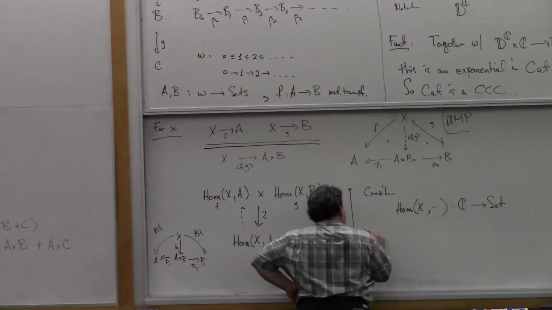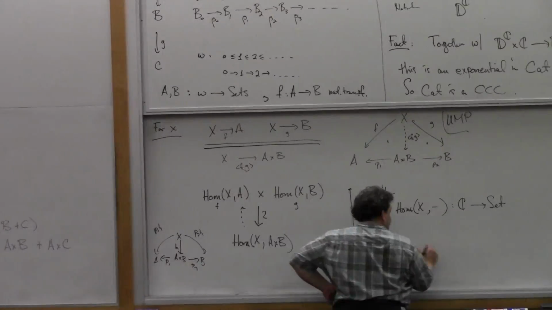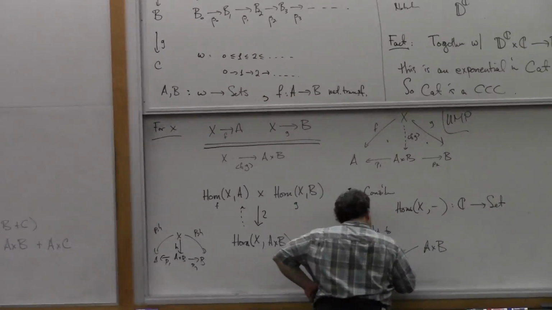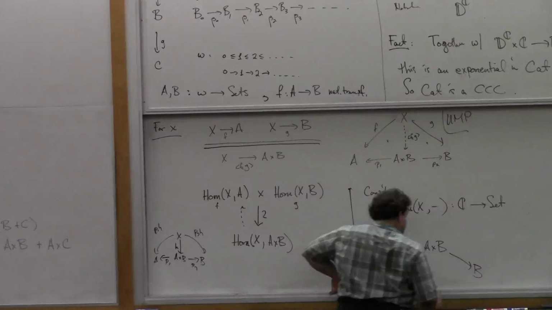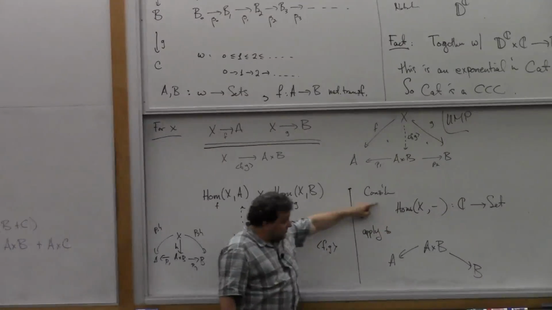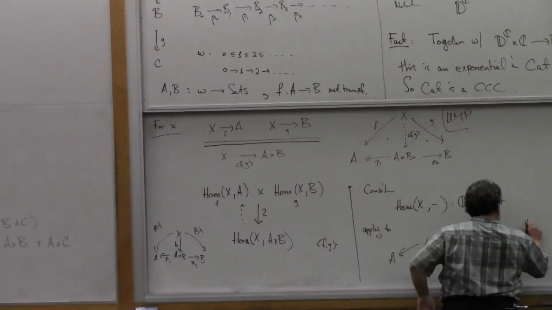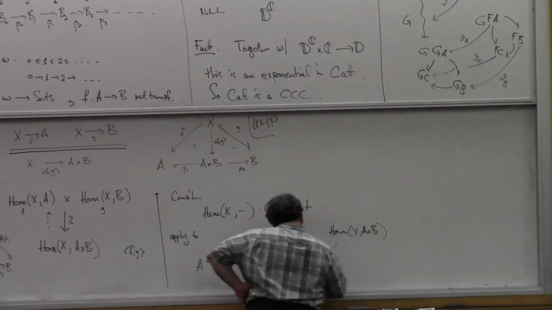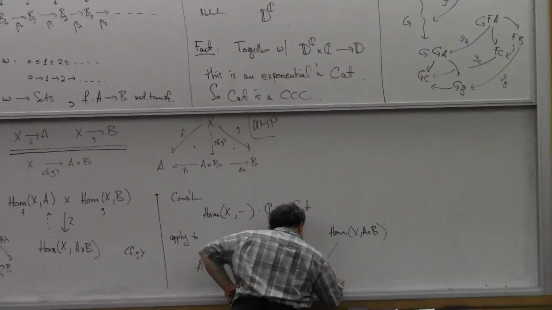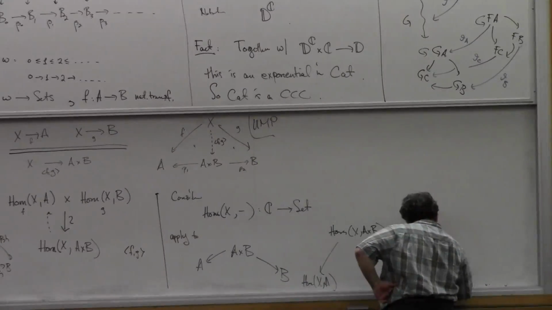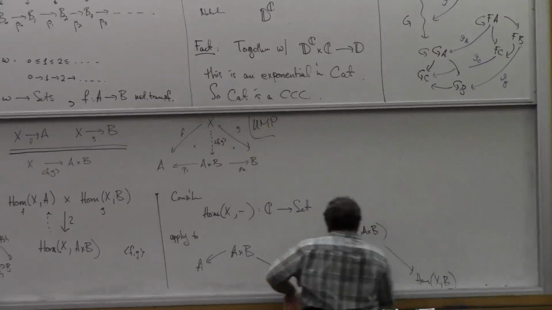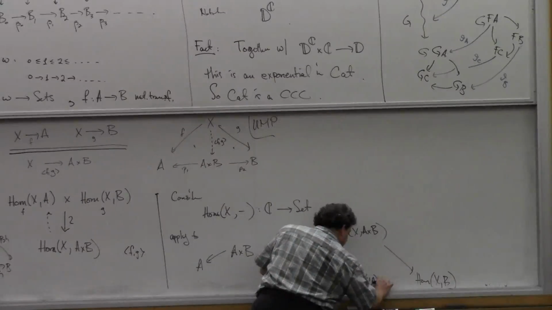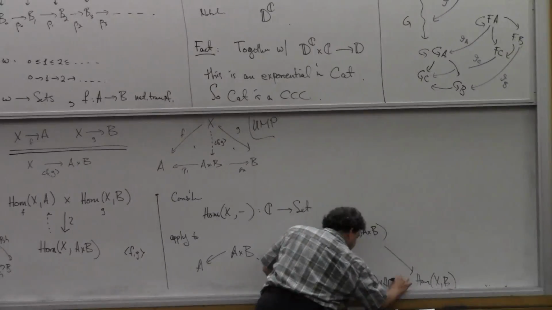Apply this functor to the diagram A × B, A, B. Then you get Hom(X, A × B), Hom(X, A), Hom(X, B). Well, but these things have a product, namely Hom(X, A) × Hom(X, B).